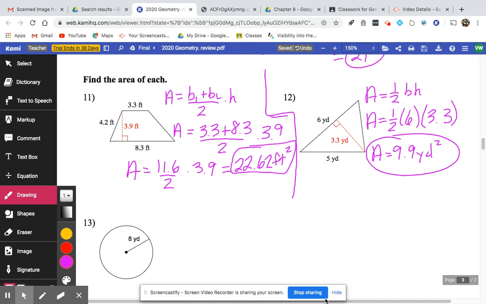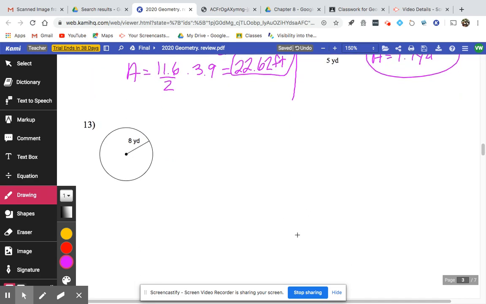Number 13, we have a circle. Area formula for a circle: pi r squared. A is my radius, which is 8 squared, times pi. Here's where I helped you out a little bit on the key if you took a look at that. I'm going to give you two answers. One is in terms of pi.